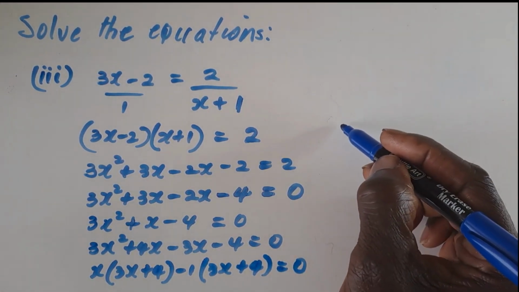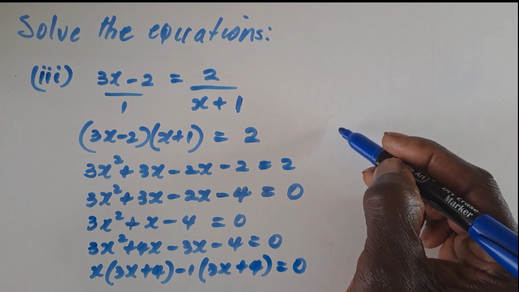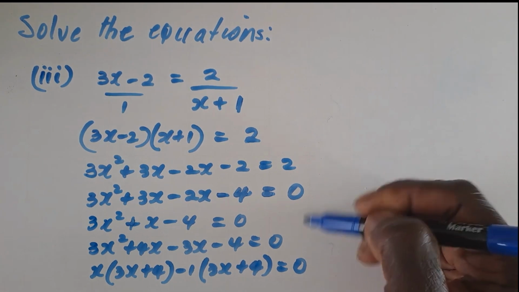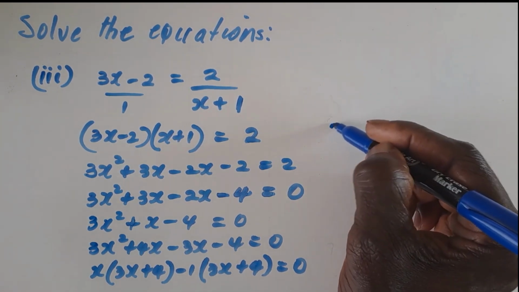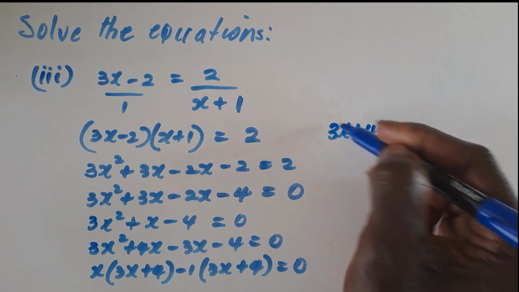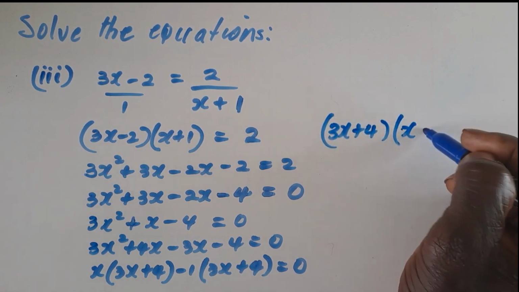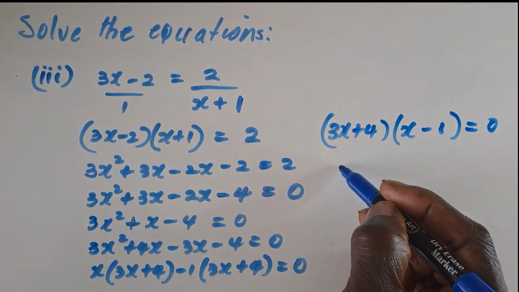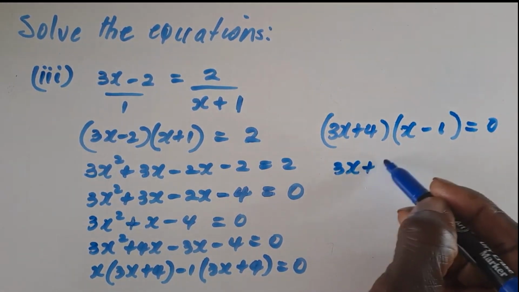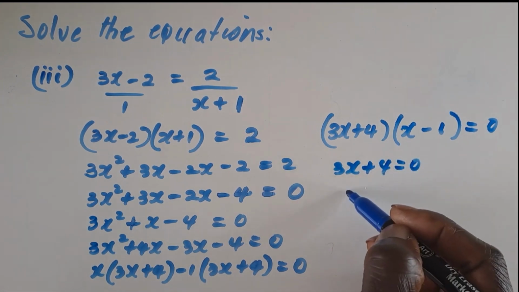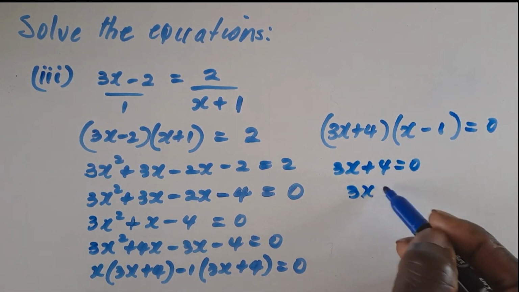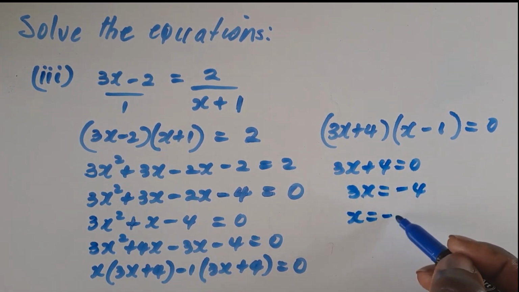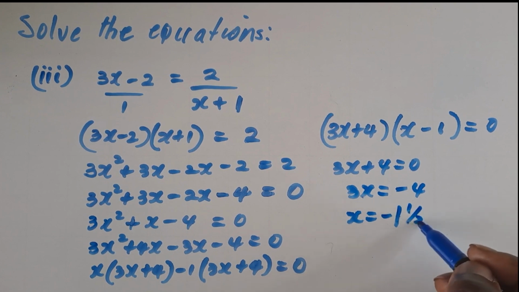And further to this, we have that 3x add 4 is common to x, and 3x add 4 is common to negative 1. So we can write it: 3x add 4 is common to x and negative 1. So one of our solutions is 3x add 4 is equal to 0, giving us that 3x is equal to negative 4, so x is equal to minus 1 1/3.